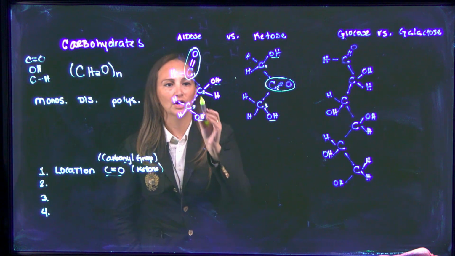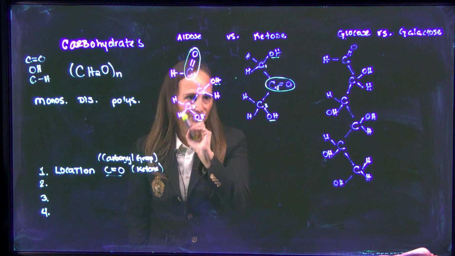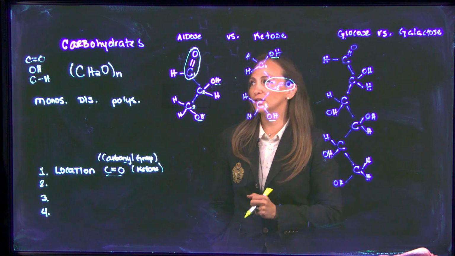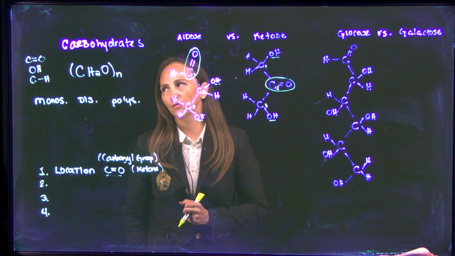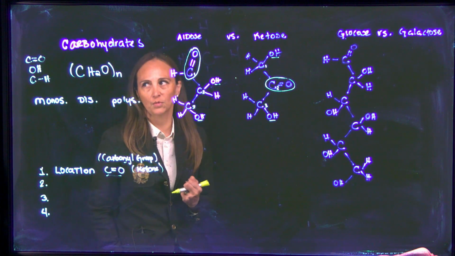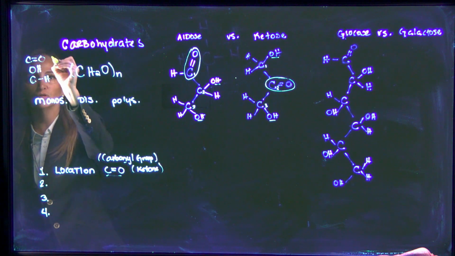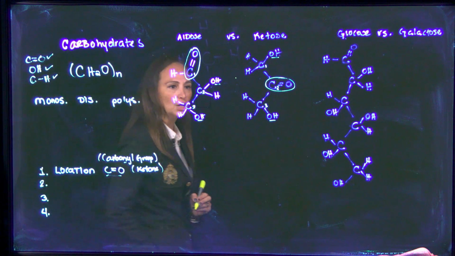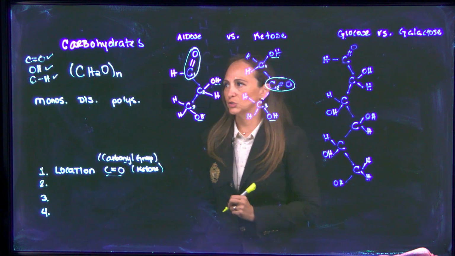So we have a lot of carbon to hydrogen, carbon to hydrogen, carbon to hydrogen. You're going to see that in all of these molecules. We can consider the 3 main components of the carbohydrates: the presence of the carbonyl group, the presence of those hydroxyl groups, and the presence of a lot of these carbon to hydrogen bonds as well.